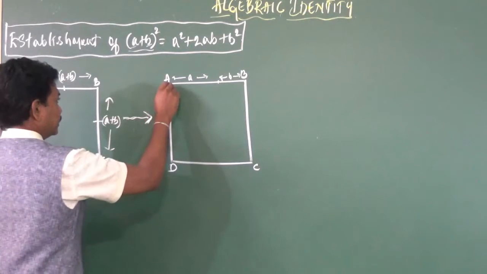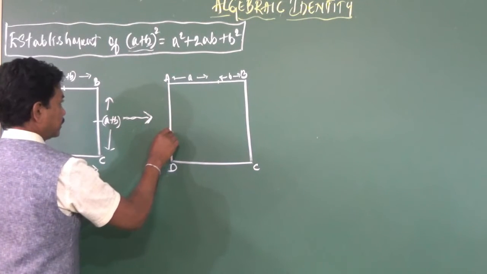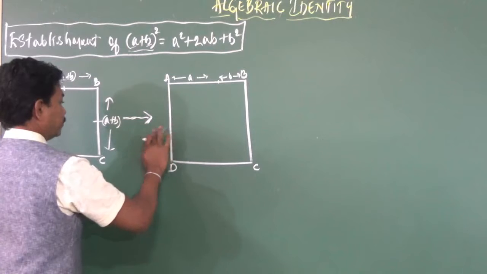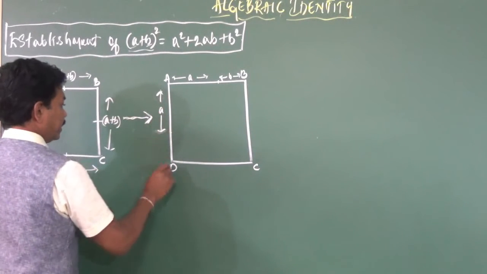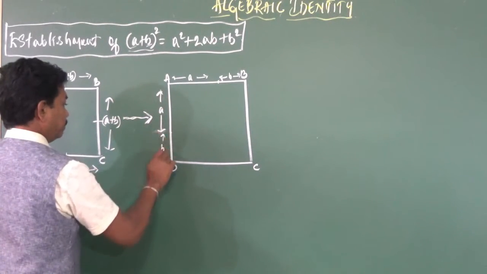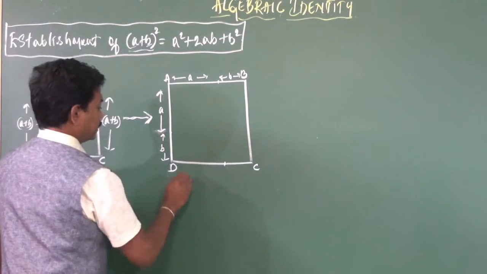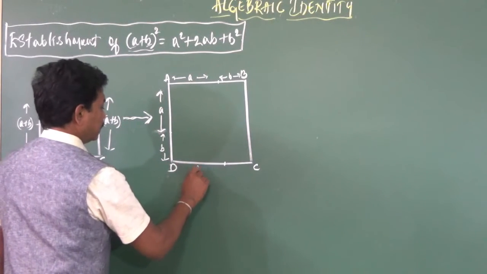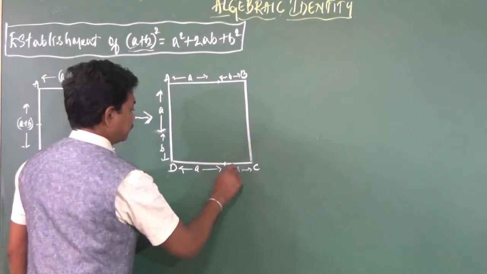In the same manner, we will take a here and b here. Also here, from here to here let it be a, and let this part be b.